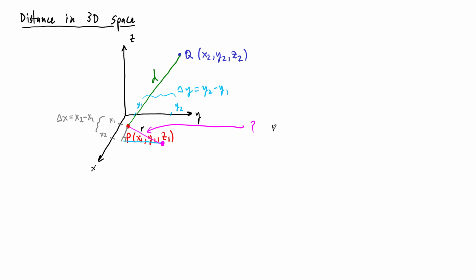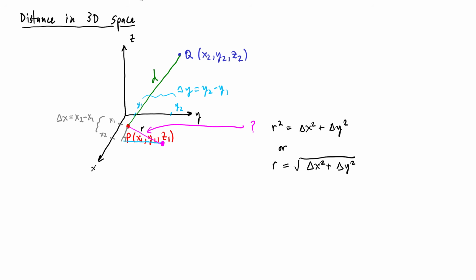By the Pythagorean theorem, r squared has to equal the length of this gray edge, delta x squared, plus the length of this one squared, so plus delta y squared. Or the other way we can say this, since it's a length, r is equal to the square root of the sum of the squares, so the square root of delta x squared plus delta y squared. All right, so that gives us our magenta length.